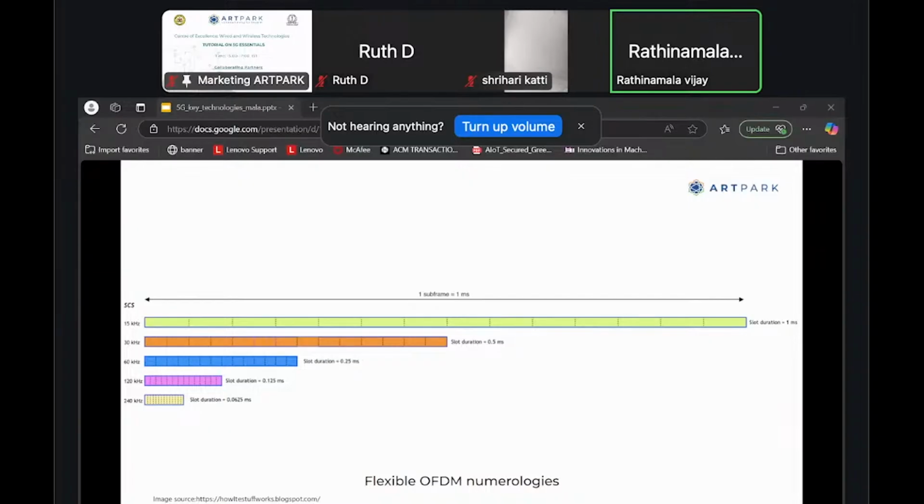All the more, if you use 240 kilohertz subcarrier spacing, then the second user has to wait only 62.5 microseconds. So this is how we are able to achieve very low latency in a 5G network when compared to a 4G network.